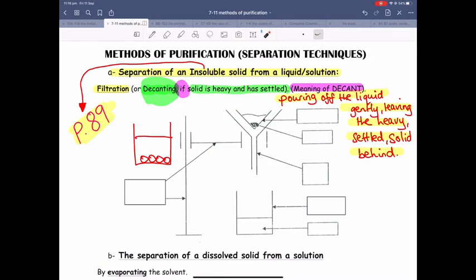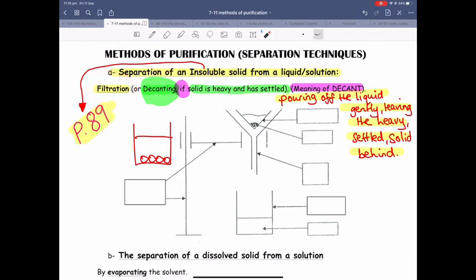And so when you pour the tea off, some of those leaves are going to pour off along with the tea, so you're not going to get separation. So this is what I mean. Don't take the risk. Yes, you have to understand the meaning of decant, but it does not mean you have to use it to carry out the separation when you have filtration as an option.